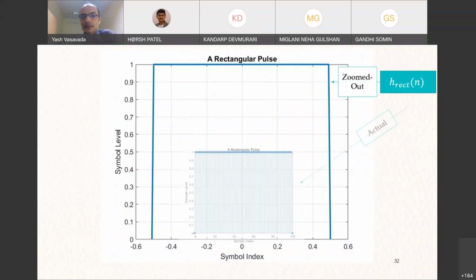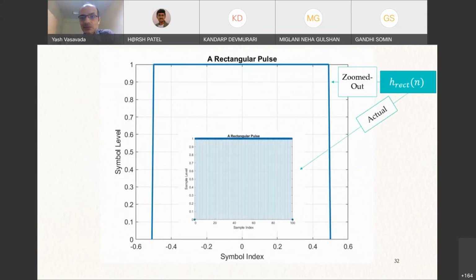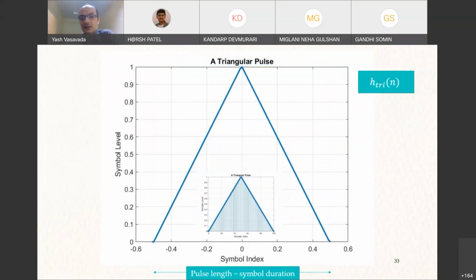If I zoom it, it looks like this. The other type of impulse response can be a triangular response. Again, the length of the impulse response in both these cases is one symbol.